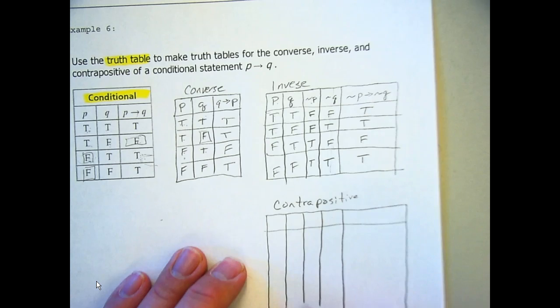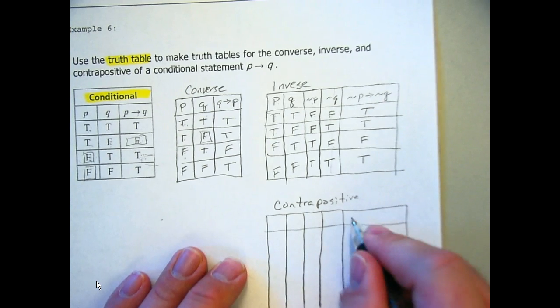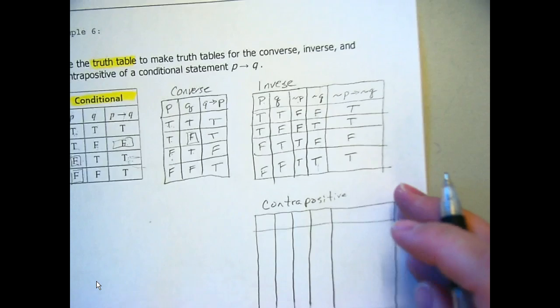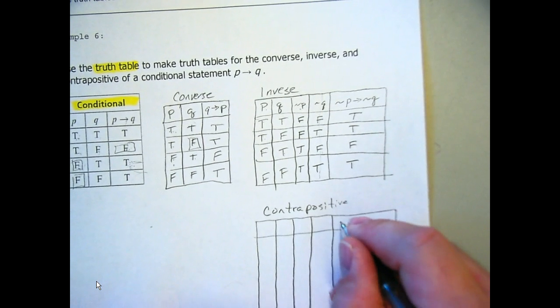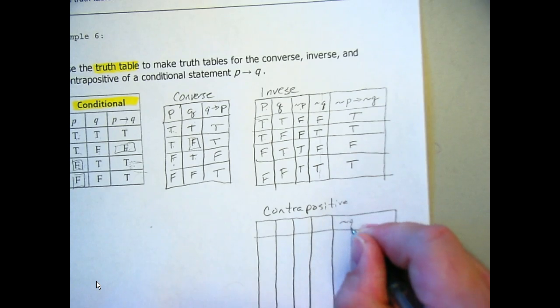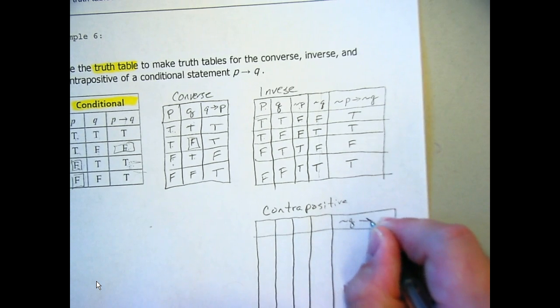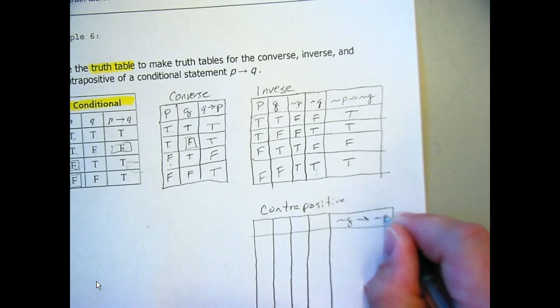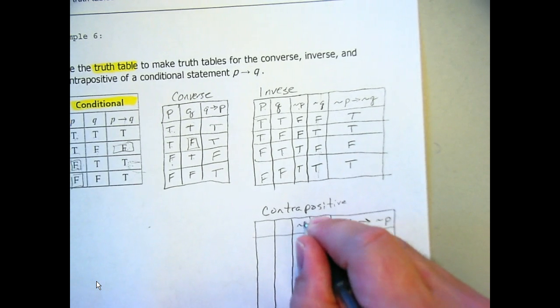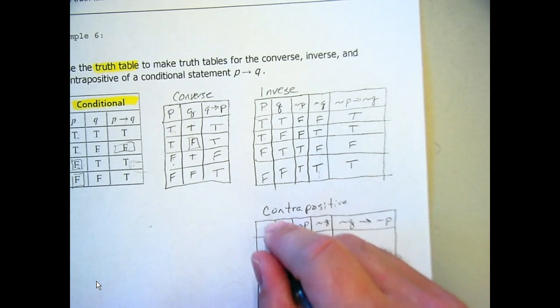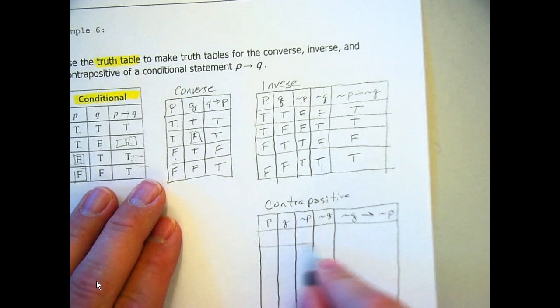What's your final statement here? Alex? Negative Q, arrow, negative P. Good. Everything else stays the same here. It's just when we're reading it, we're reading negative Q first and then referencing P.